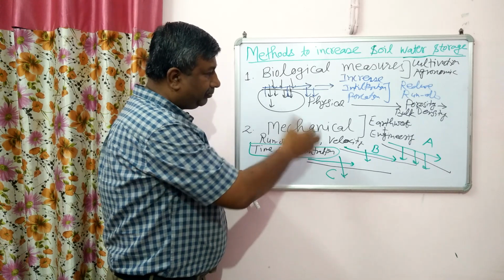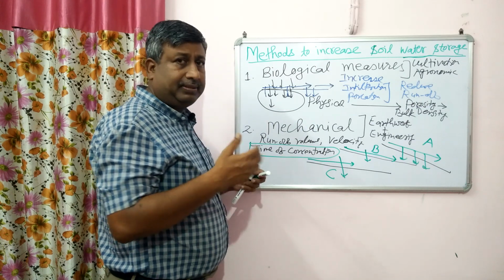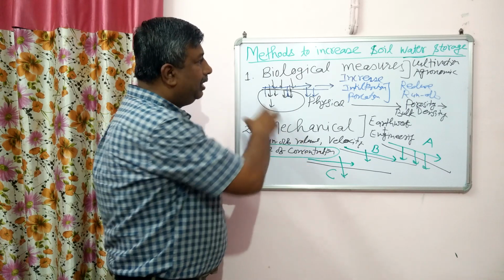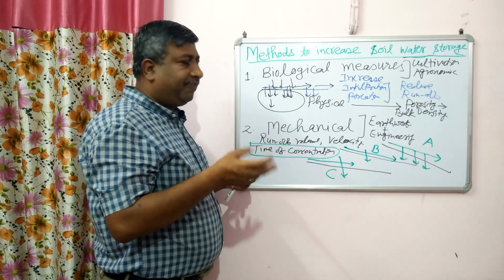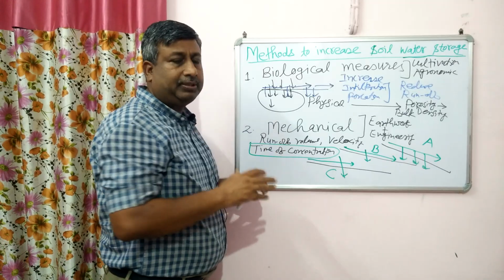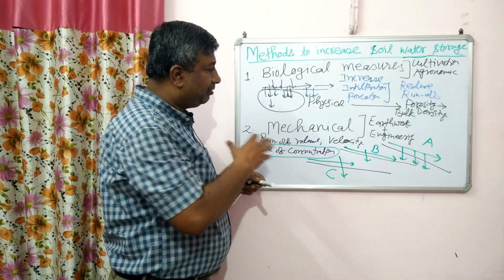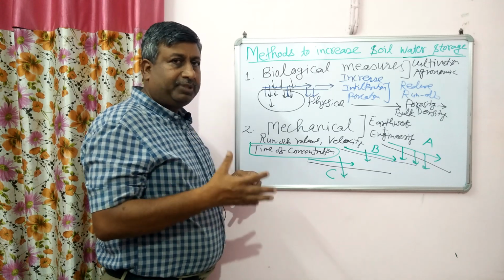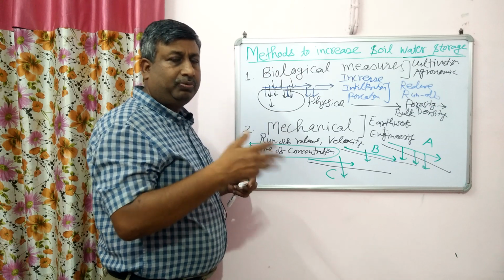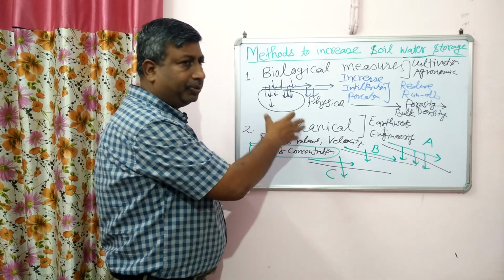It means if we do the practices, they leave their effect for a longer time: 2 years, 3 years, 4 years, 5 years, 10 years. While in case of biological measures, the effect remains for 1 season or 2 seasons. It means we have to adopt these biological measures in each season. But in case of mechanical measures, if we adopt this practice, then it can carry its effect for 2 years, 5 years, 6 years, 10 years, depending upon the nature.